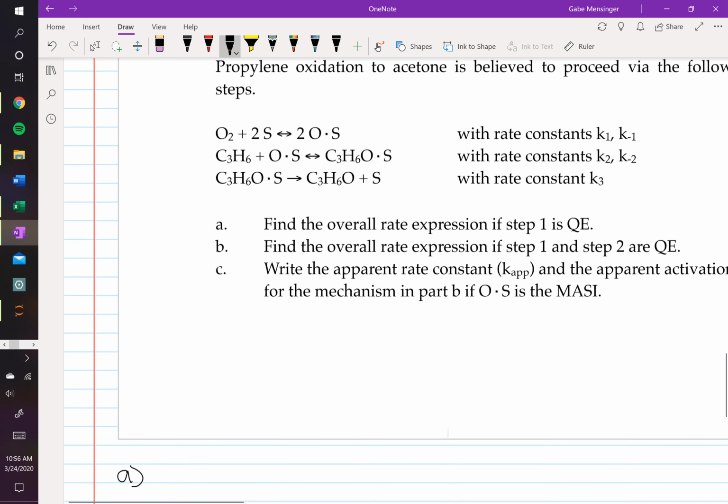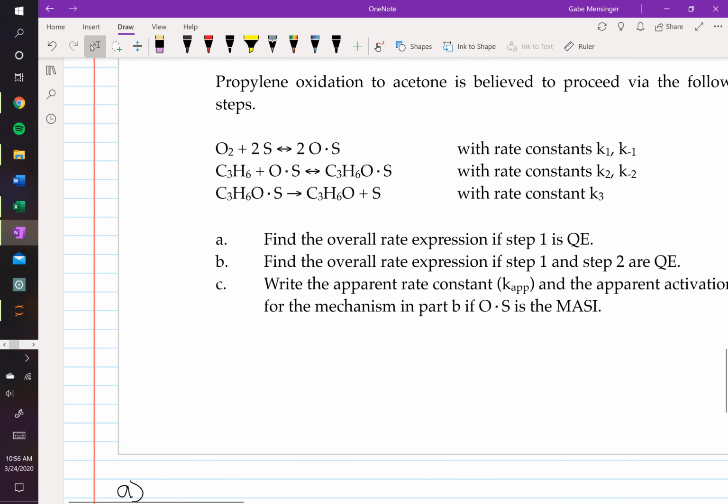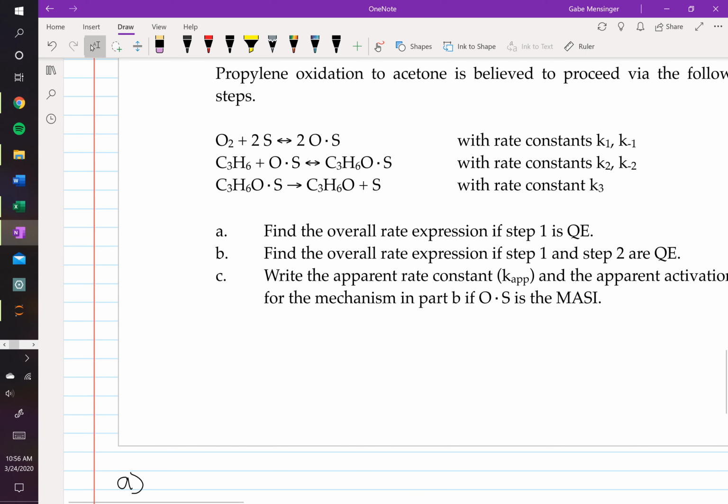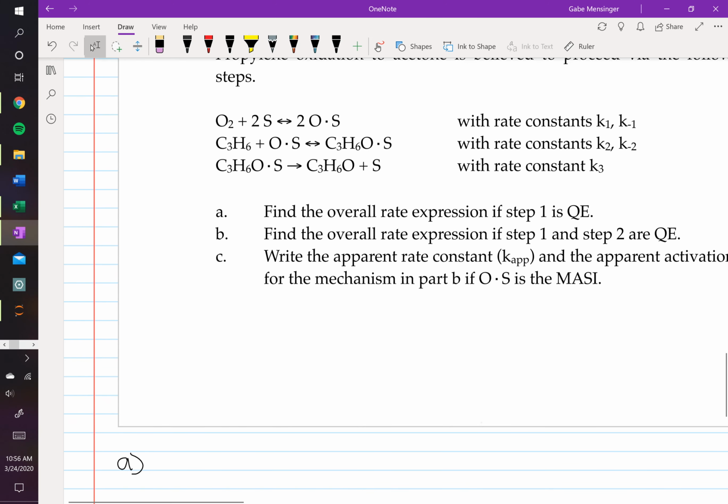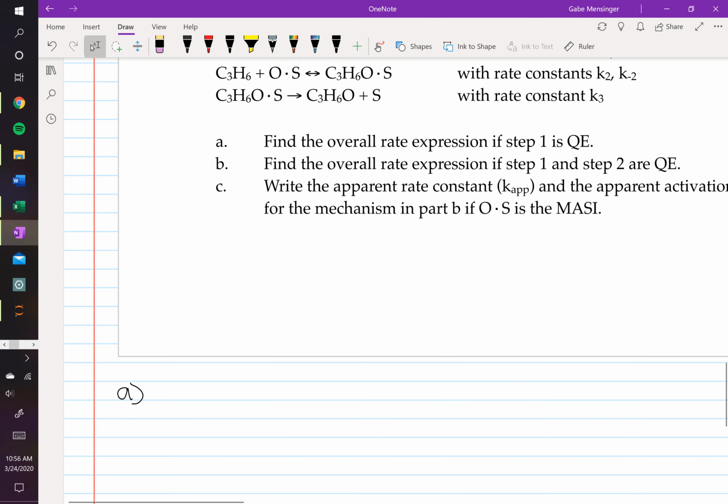Overall, the way I started this problem was understanding what the oxidation of propylene to acetone was. So propylene is C3H6, and we oxidize it with oxygen, and we make acetone.